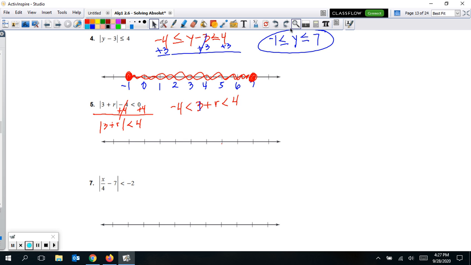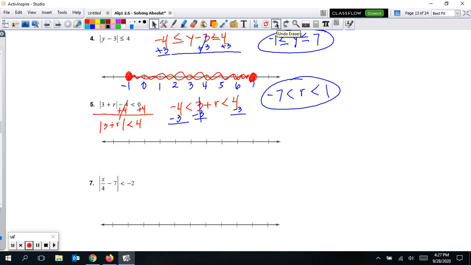And so now we just got to get rid of 3, so we're going to subtract the 3 from 4, subtract the 3 from negative 4, and so now we start to say, okay, negative 4 minus 3 is negative 7, our inequality sign less than, we have r then in the middle, inequality sign again, and then 4 minus 3 is going to be positive 1 over here. So now we have a negative 7 and a positive 1. So that is the solution you should have gotten, all connected together.